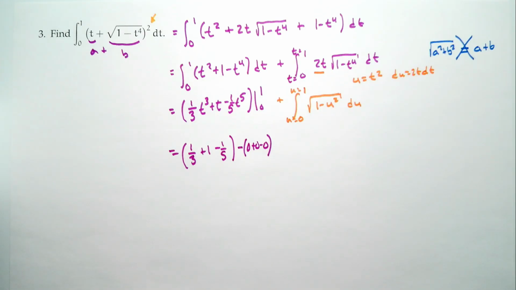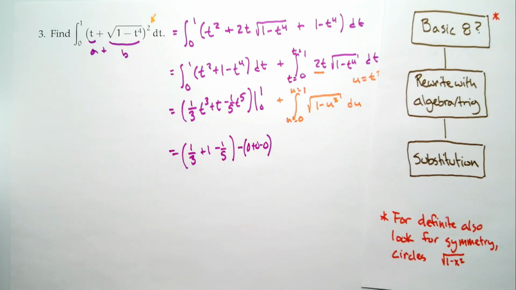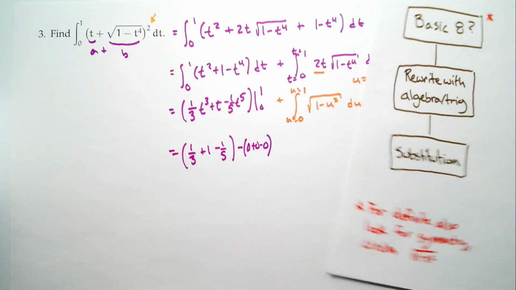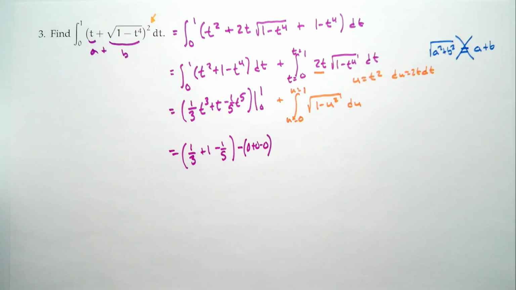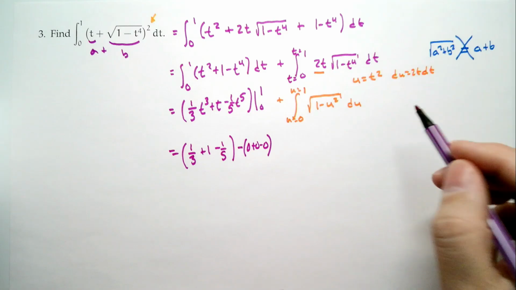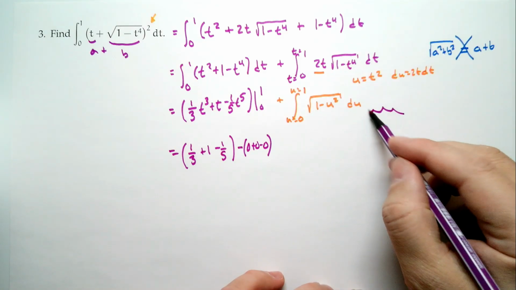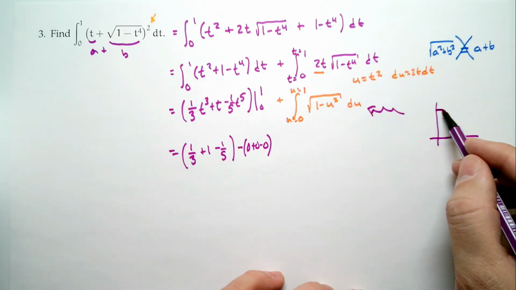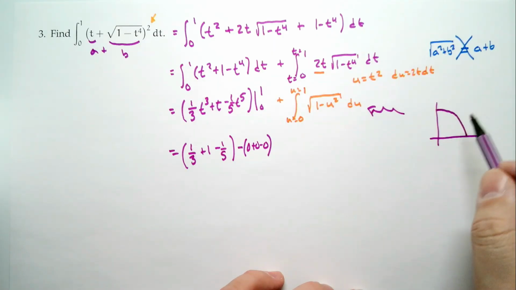The last piece, well, it might look familiar. Remember that we said that when we're doing definite integrals, look for symmetry and for circles. Square root of 1 minus u squared, that's a circle. So what we can do is say this integral is taking the function square root of 1 minus u squared, which is the circle in the first quadrant.